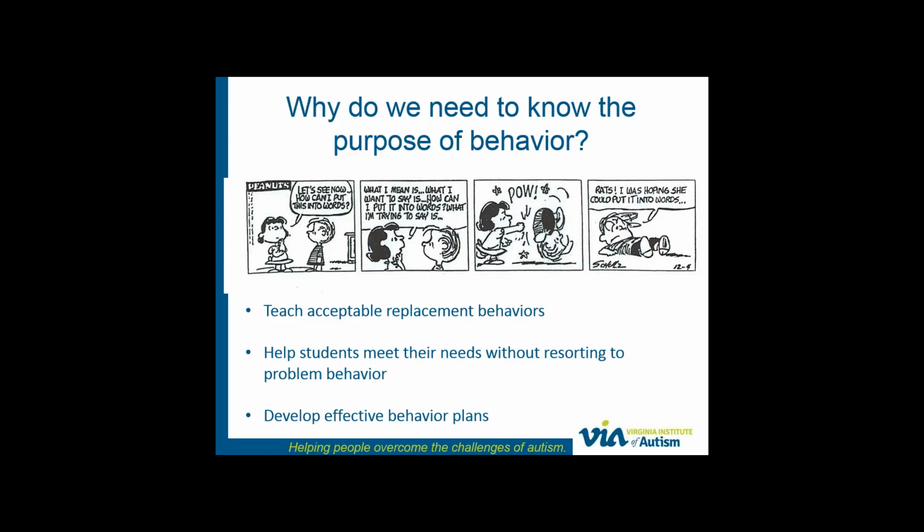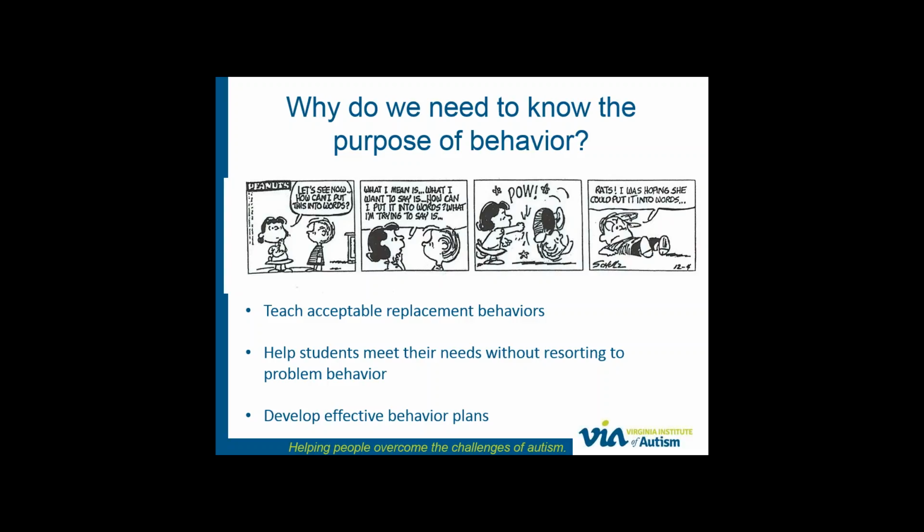So she couldn't come up with a functional, adaptive way to tell Linus what she wanted, so she engaged in some aggression. Basically the reason that we want to know the function of problem behavior is so that we can replace those problem behaviors with more adaptive and acceptable replacement behaviors.